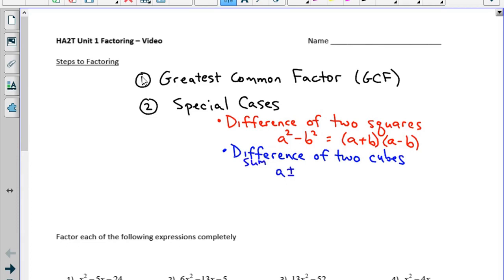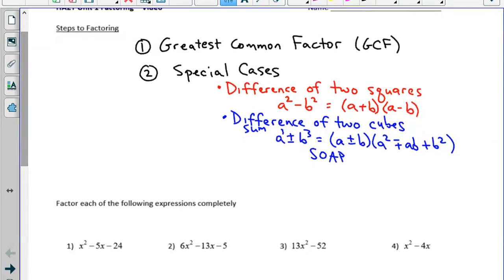So a cubed plus or minus b cubed can be rewritten as a plus or minus b times a squared minus or plus ab plus b squared. And we will use the acronym SOAP to describe that. Once again, you do not have to worry about that. I'm just putting it on this video, so if you ever come back and look at it later, you will see it later in the year.